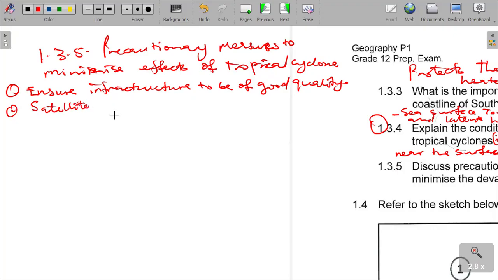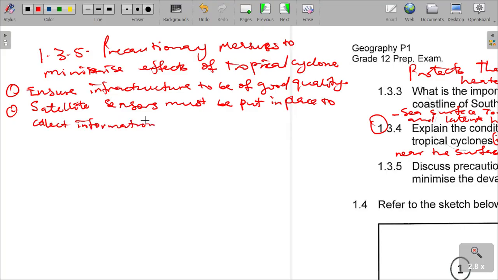Satellite sensors must be put in place in order to collect information, e.g. rainfall predictions.